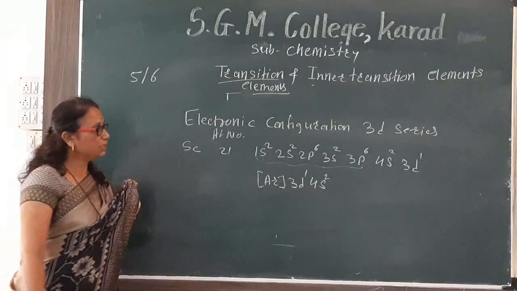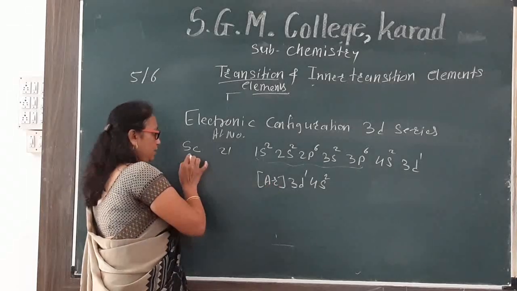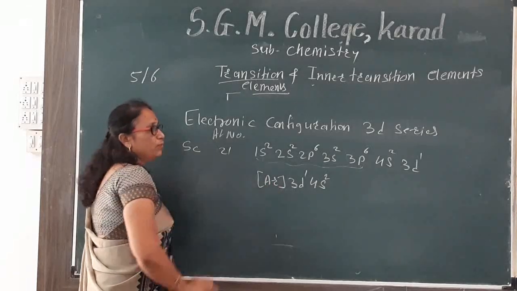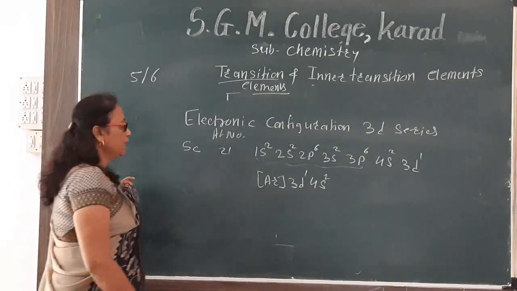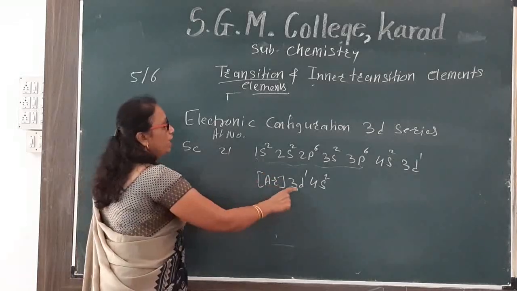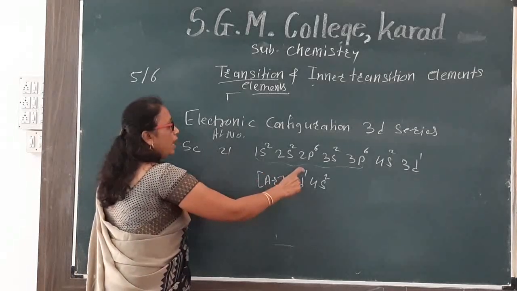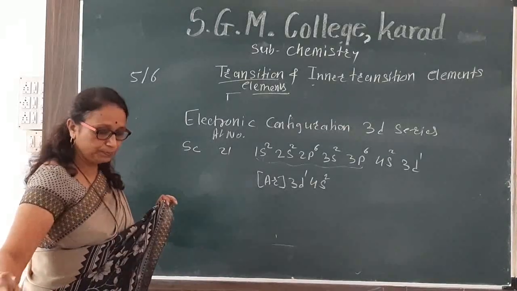This is the expected as well as the observed electronic configuration of scandium. The trick to remember: if the atomic number is 21, the electron enters the 3d, giving the 3d1 4s2 configuration.